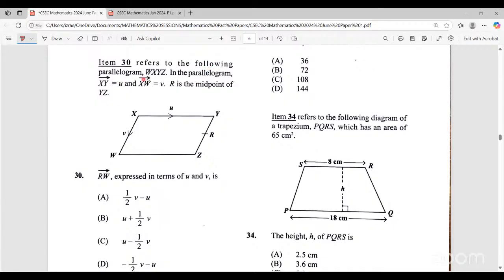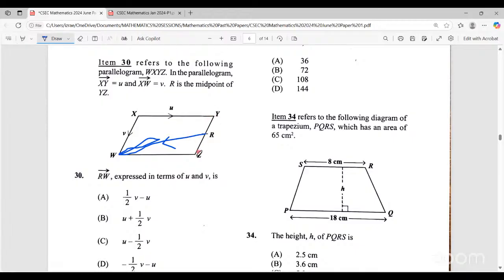Identity for parallelogram WXYZ. In the parallelogram, XY is U, XW is V, R is the midpoint of YZ. RW expressed in terms of U and V is? So RW could be like RZ add ZW.